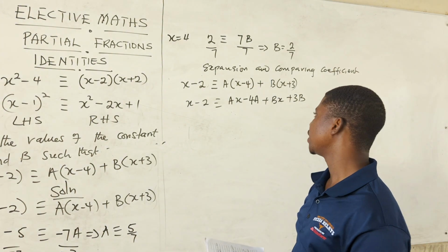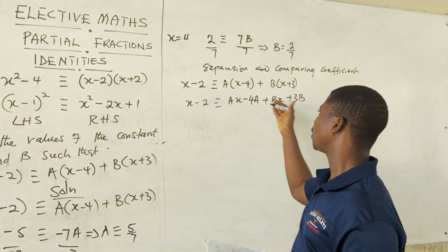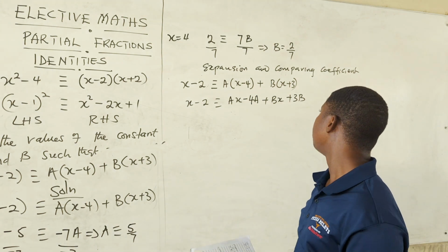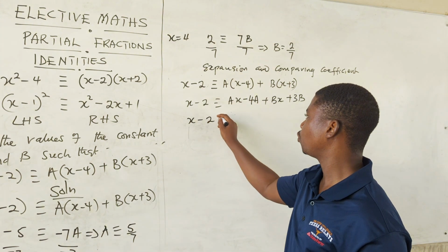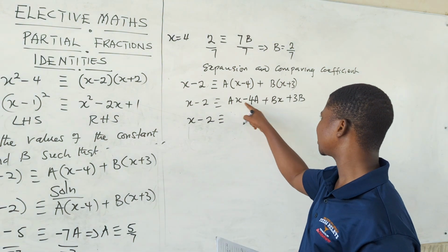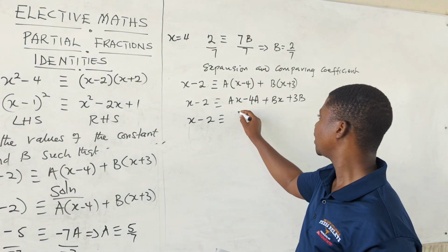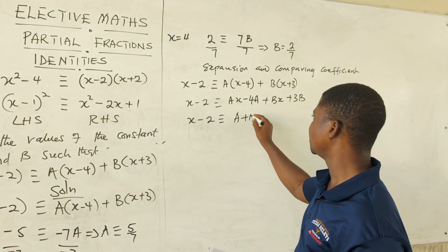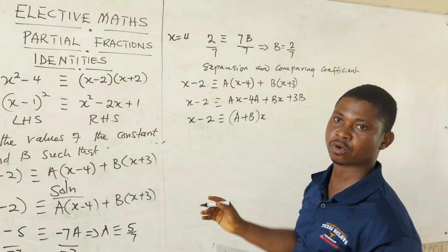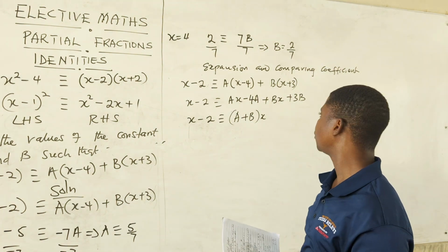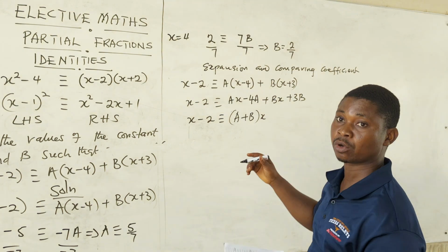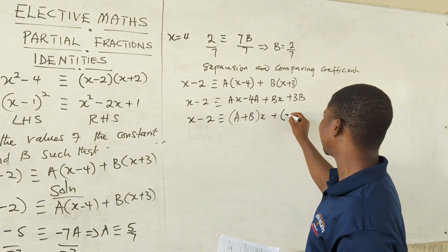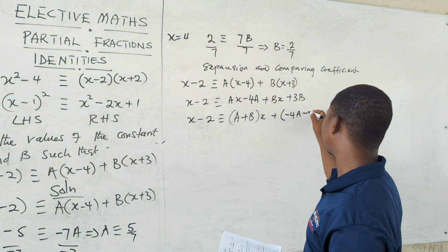What you have to do is group the terms with the same variable. So we have x minus 2 equivalent to Ax and Bx, so we can have (A plus B)x, because they all have the same variable. And for these, none of them have any variable, so you bring them together: plus negative 4A plus 3B.